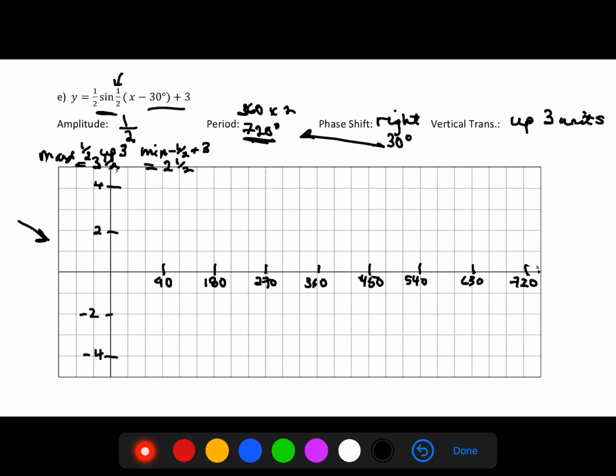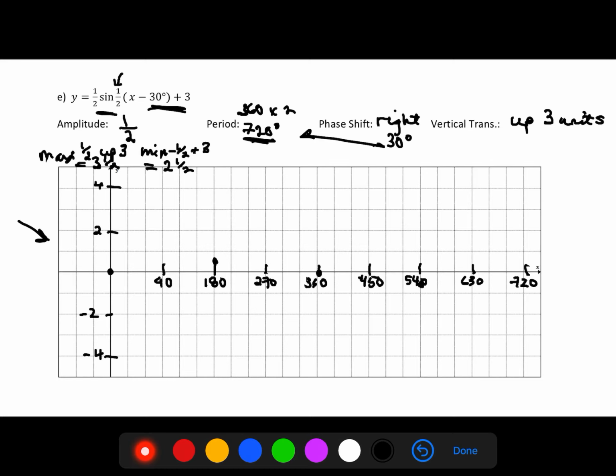So just first of all focusing on no translations first. We're going to start with our 1/2. So we would start at 0, 0, and our key points are going to happen every 180. And we're only going up to 1/2.